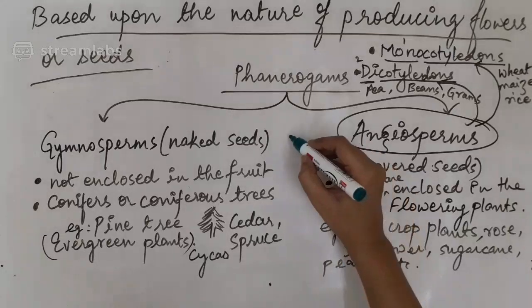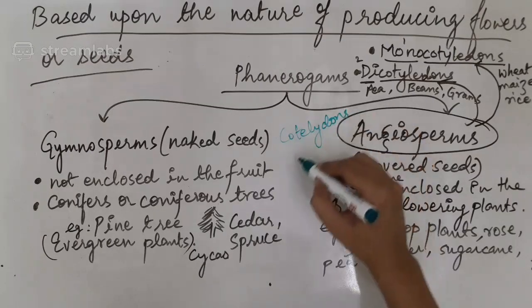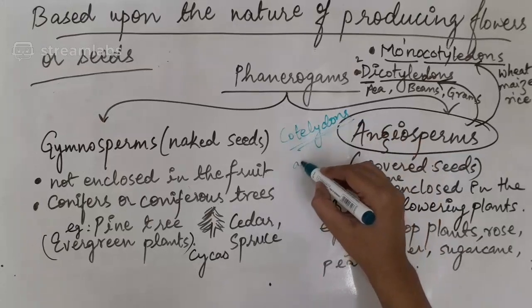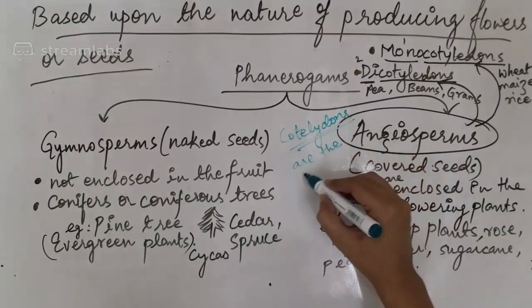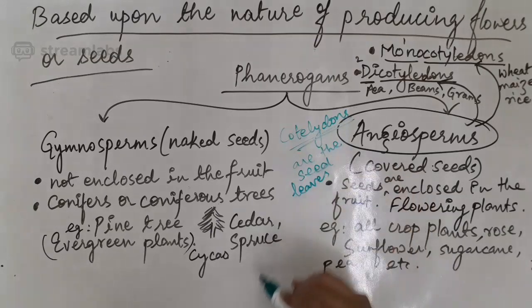You can write like cotyledons are the seed leaves. They store the food for the growing embryo.